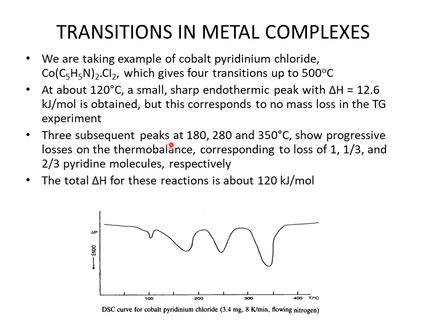Then the 3 subsequent peaks here, which were obtained at 180, 280 and 350 degrees centigrade, showed progressive loss on the thermobalance in the thermogravimetric experiment, and the mass lost corresponded to the loss of 1/3 and 2/3 of the total pyridine molecules respectively. And the total enthalpy of reaction for these reactions was calculated as 120 kilojoule per mole.